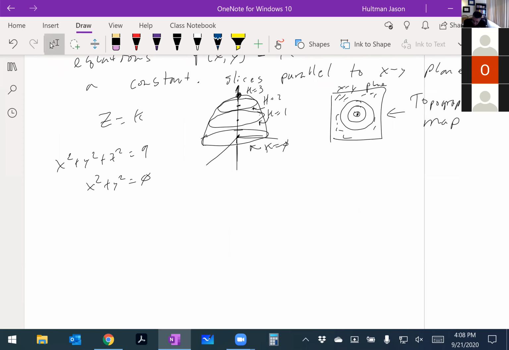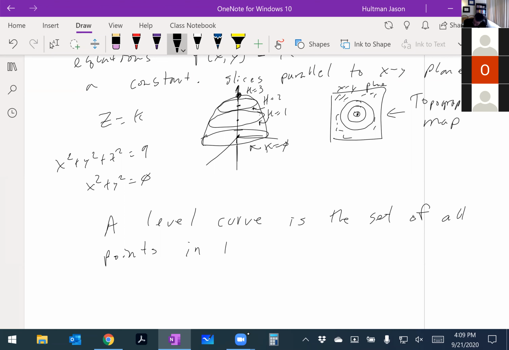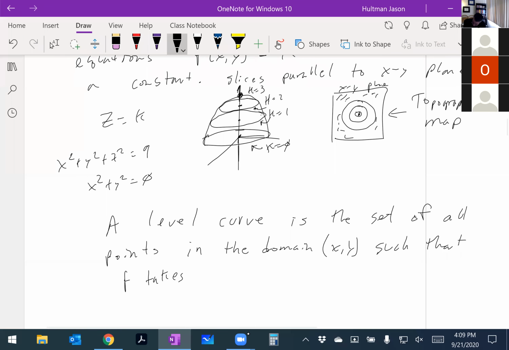Okay, let's give a better definition of this. A level curve is the set of all points in the domain (x, y) such that f takes on a given value of k.